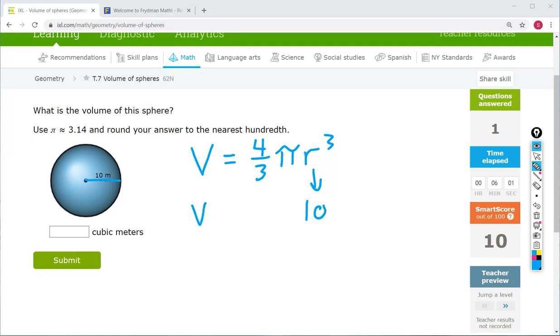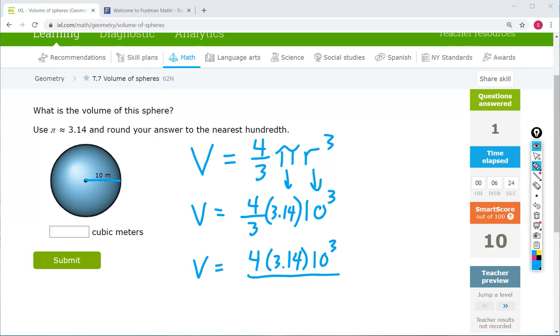So we get volume equals 4/3, and pi is 3.14, at least the approximation that we're using. And we also have to put the exponent of 3 here. So this is the same as 4 times 3.14 times 10 to the third all over 3.